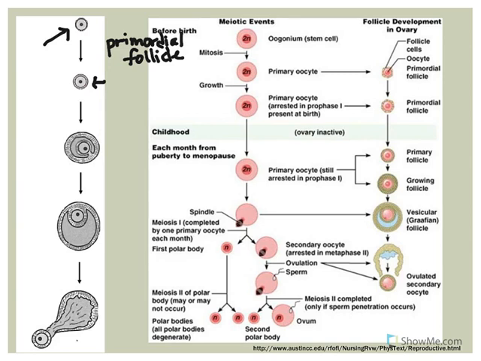So the cells multiply, but initially what we have is a primary follicle. Early on, you end up with just one layer of cuboidal cells. And again, in the center of it is that primary oocyte continuing along in meiosis I. It's not finished yet.